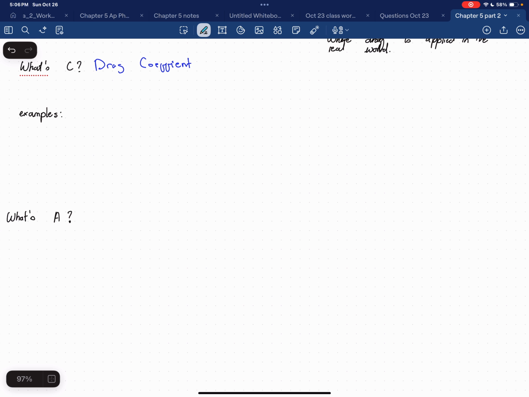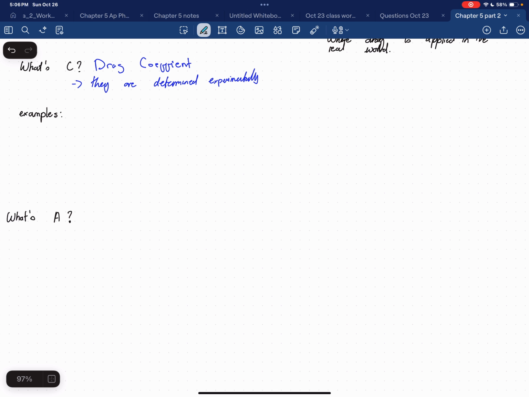One thing about coefficients, why we like them, is they are determined experimentally.